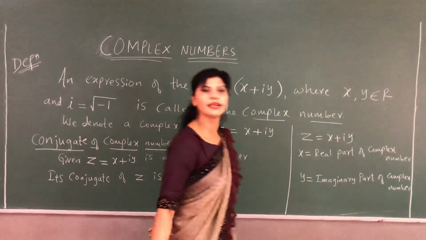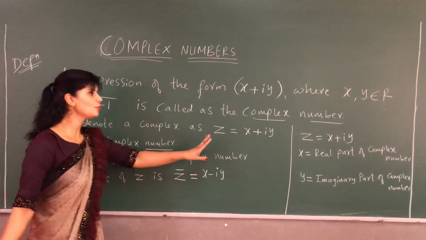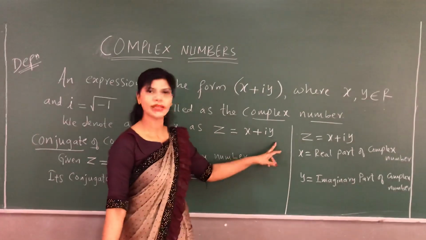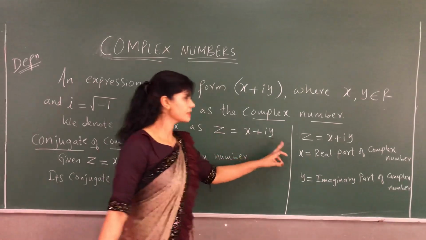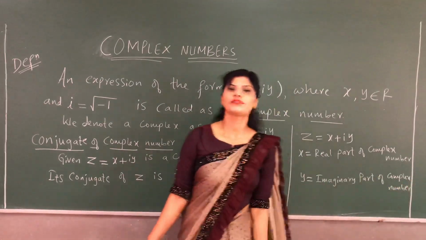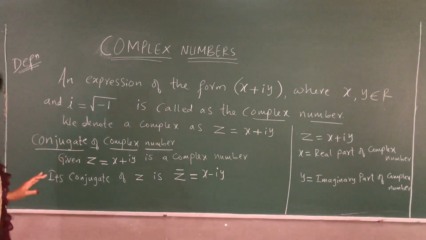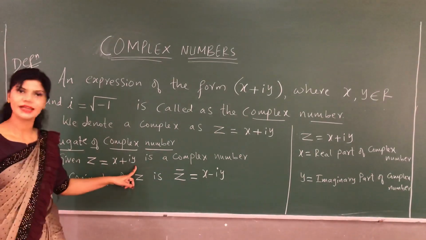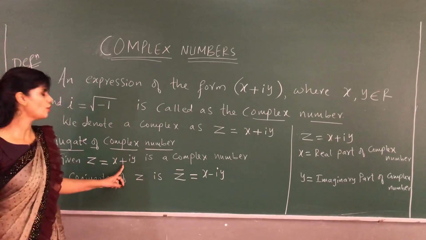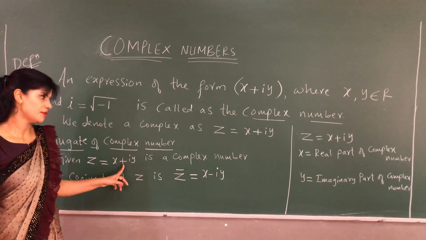Okay students, in a complex number you have two parts here, x plus iy. X is called the real part and y is called the imaginary part. So if you want to find the conjugate of a complex number x plus iy, you have to change the sign of the imaginary part.